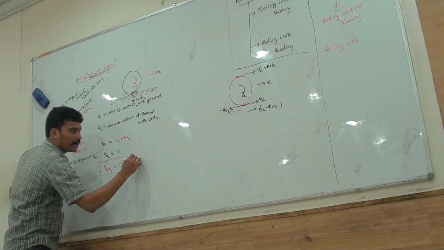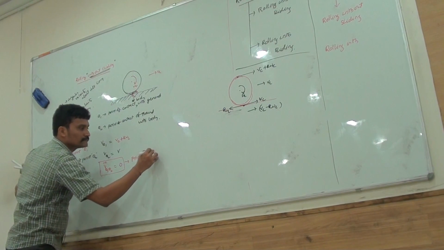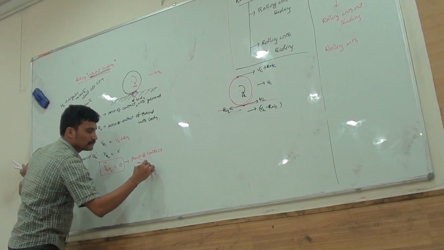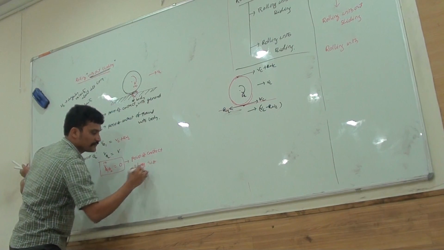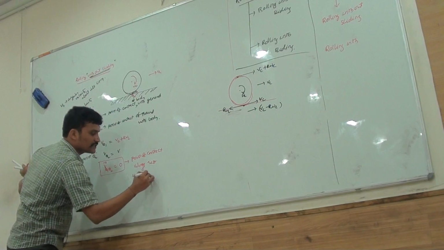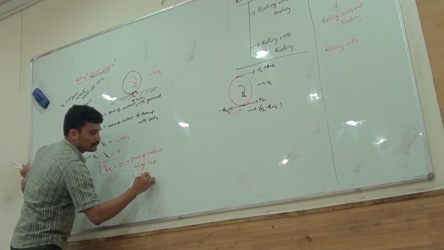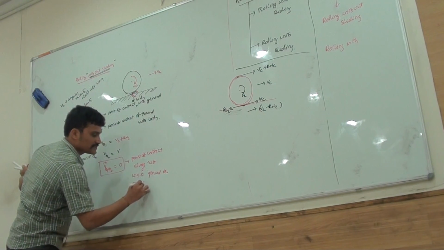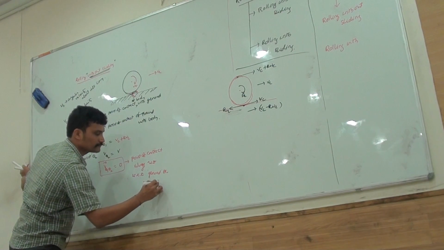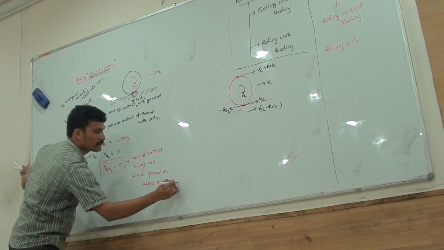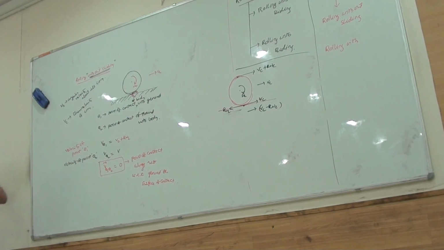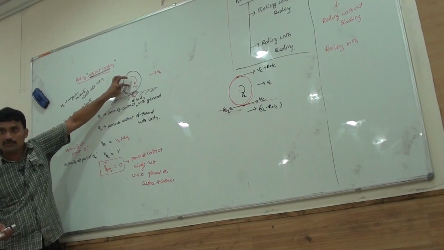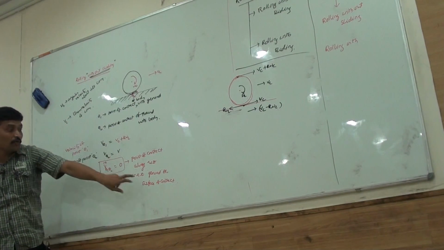The point of contact is always at rest with respect to the ground or surface of contact. That means Q2 is taken as a point on the surface and Q1 as a point on the surface of the body, and with respect to each other they are always at rest.